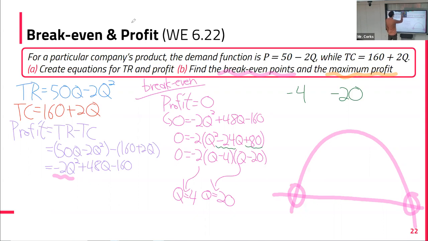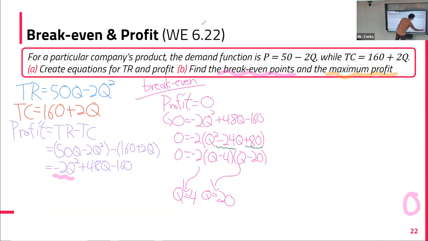All right, that's most of this, but we were also asked to find the maximum profits. How can we find that? Largest Q, you mean this one, 20? This is a break-even point.